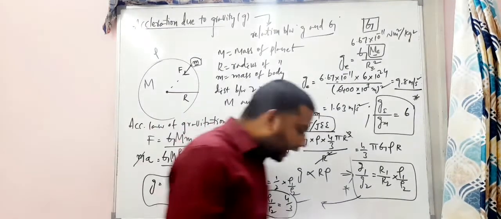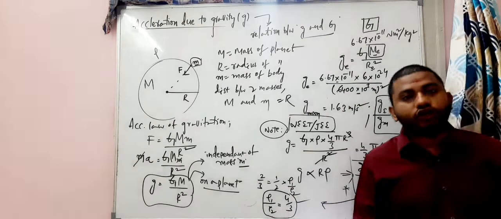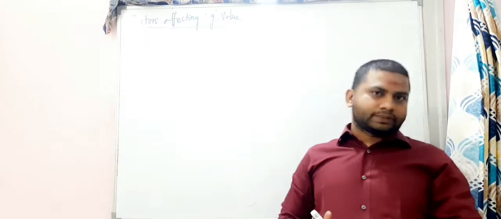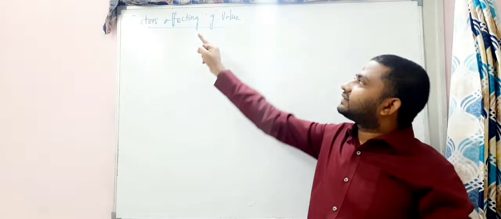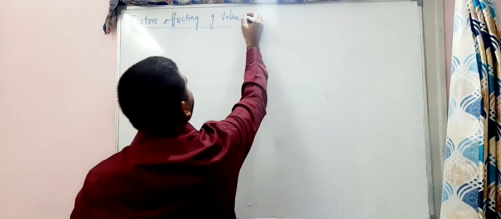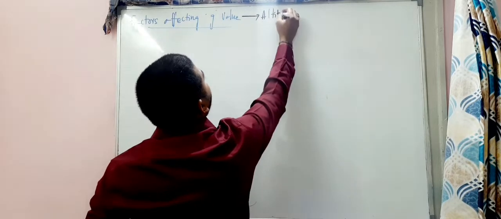What is the topic now? Factors affecting the acceleration due to gravity. Majorly, there are three factors affecting this acceleration due to gravity value, right? So majorly three factors. I'm writing one by one. The first one is altitude.